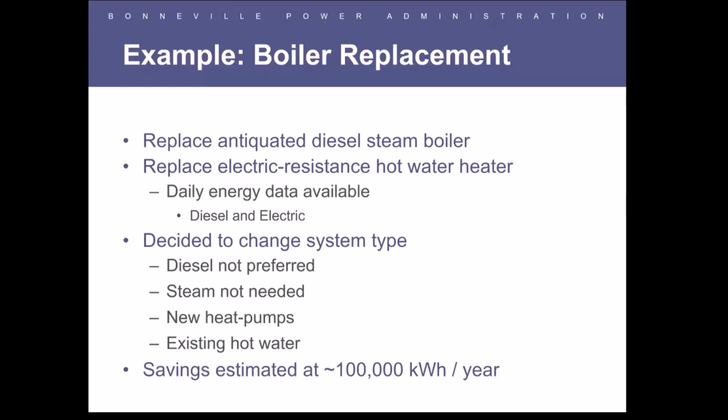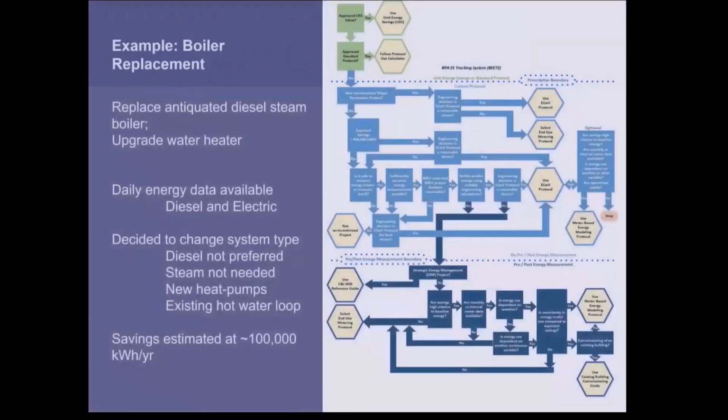They're going to new electric heat pumps and using the existing hot water in their systems. So the savings are relatively medium, expected to be about $100,000 kilowatt hours per year. So if we come in, let's see, so here's our example.